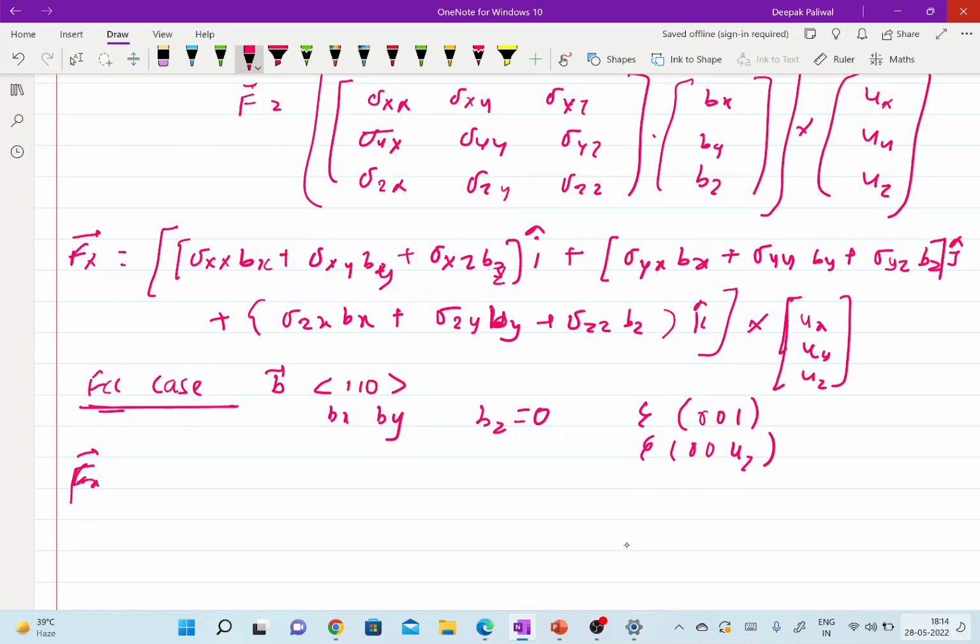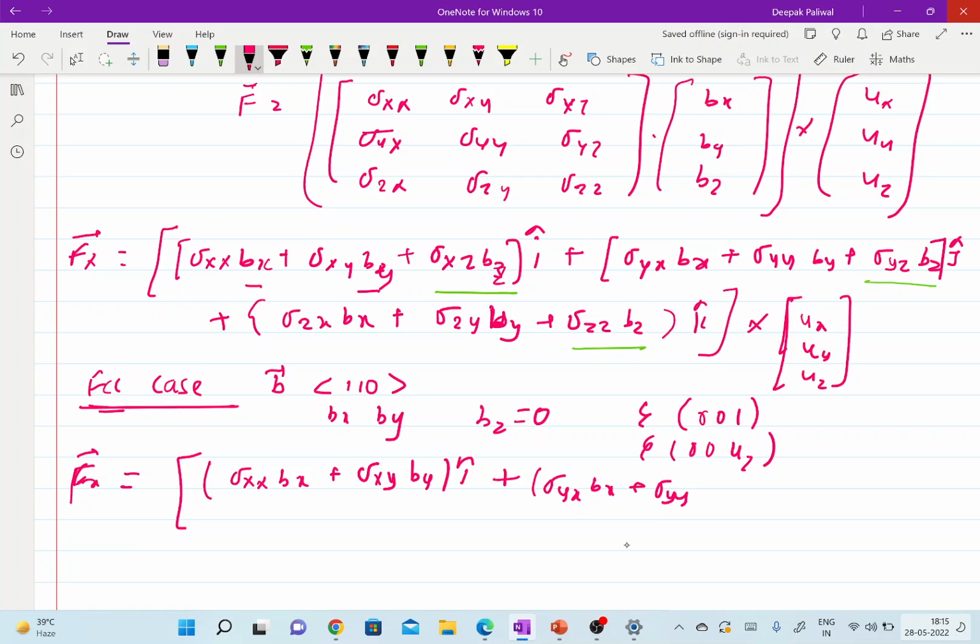I am highlighting this component as 0, again this component as 0, and let me rewrite the equation: sigma xx bx, sigma xy by, i cap, sigma yx bx, sigma yy by.